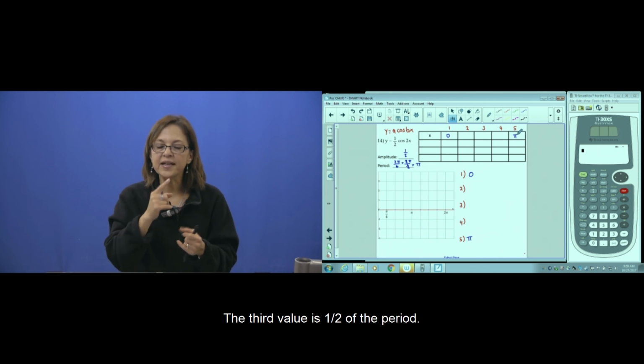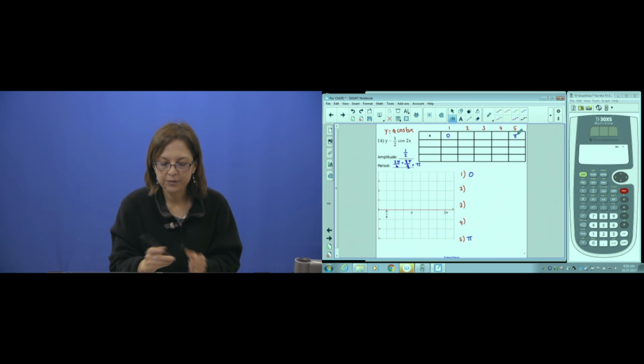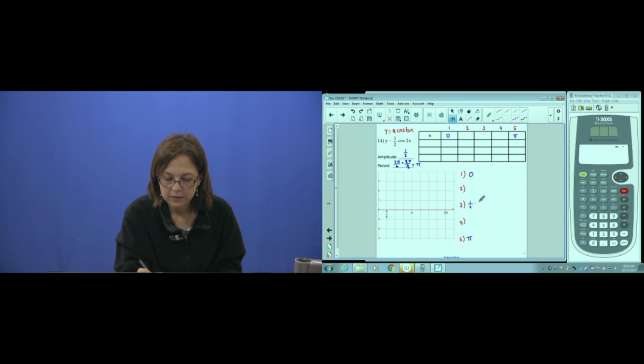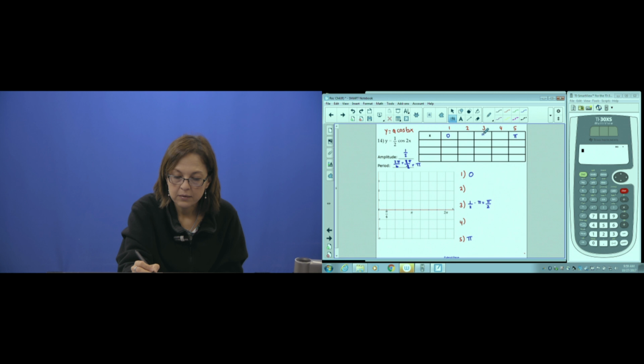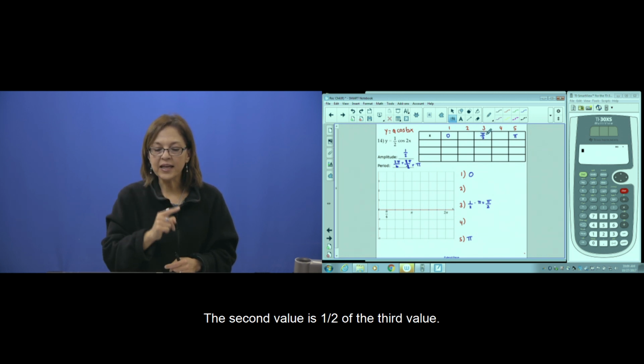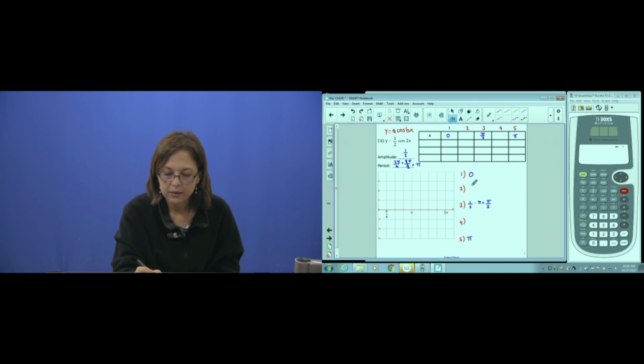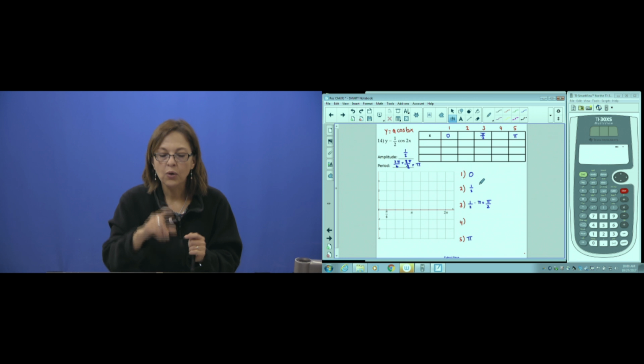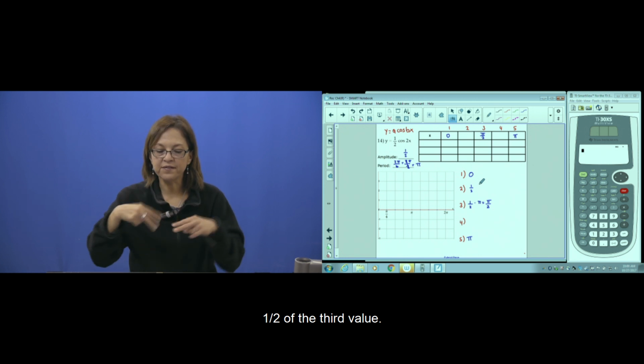Now the third is 1/2 of the period. The second is 1/2 of the third.